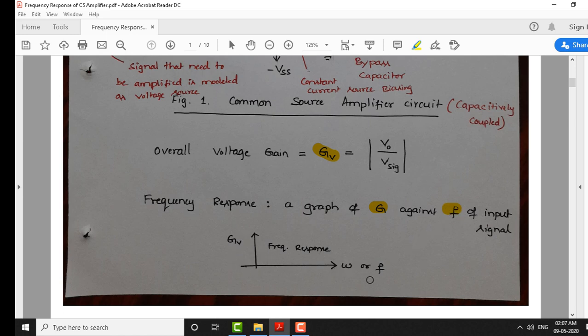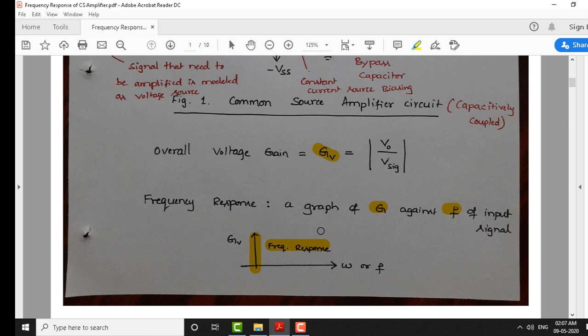In the graphical representation, the overall voltage gain is taken along the y-axis and the frequency is plotted along the x-axis. The graph of overall voltage gain against different frequencies is called the frequency response.